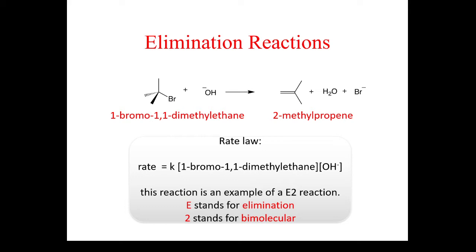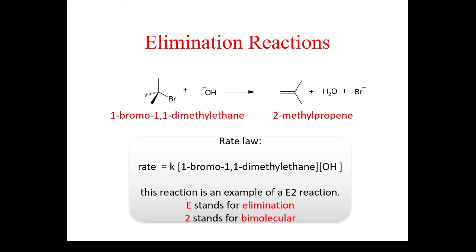So the first one we're going to look at is an E2 reaction, which stands for elimination bimolecular reaction. So E2, the rate of the reaction is directly related to the concentration of your reactant and the concentration of the OH-, which means it happens in one step.